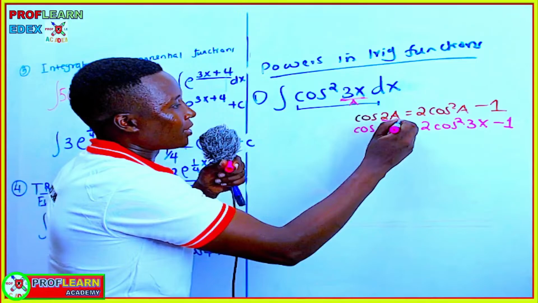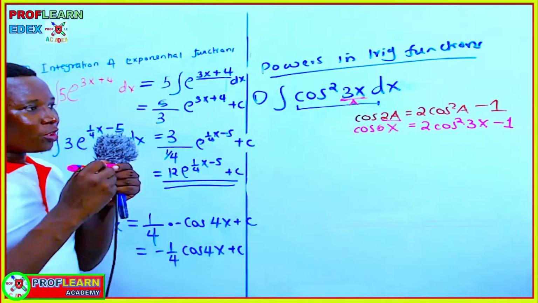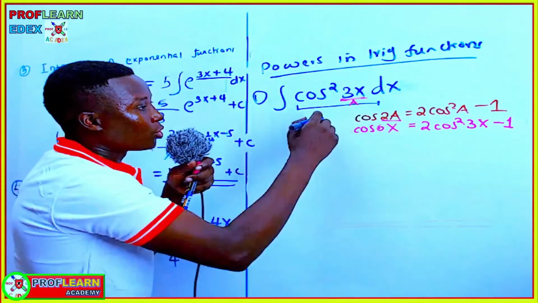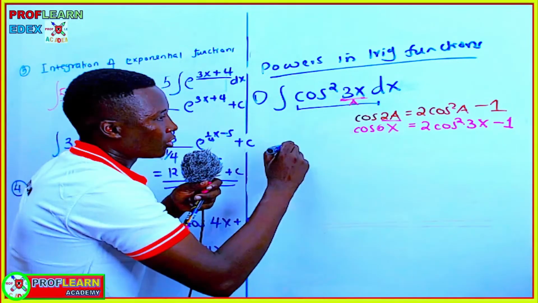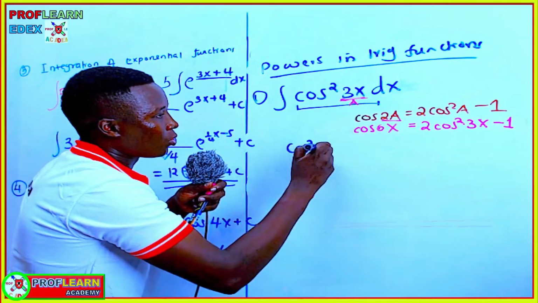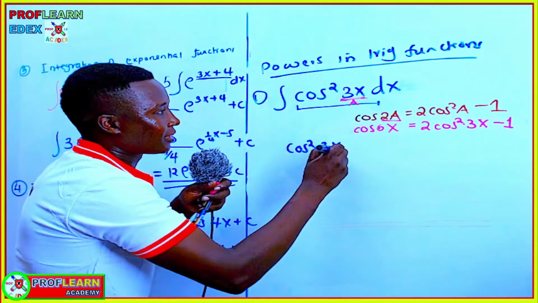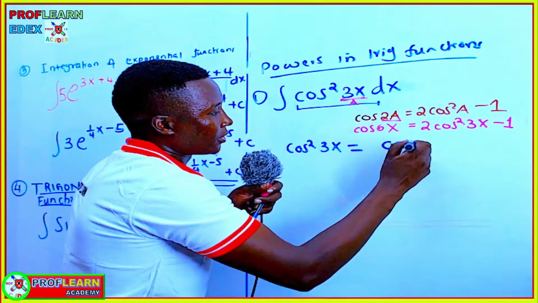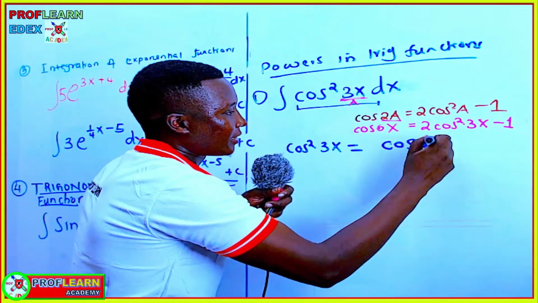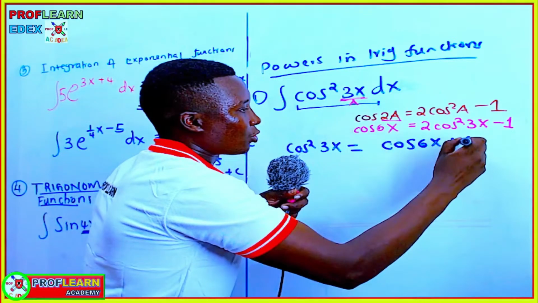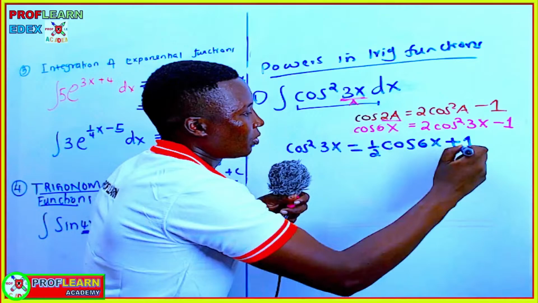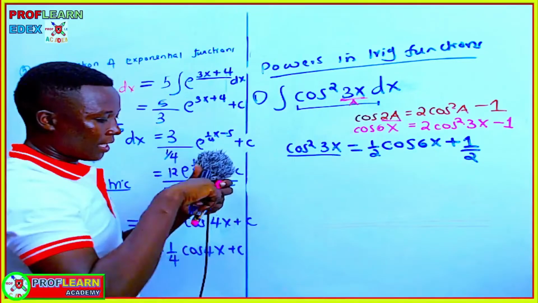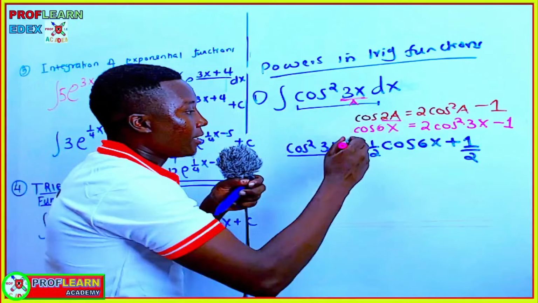Our a was that, so if we have this expression here, we can rearrange it and say cos squared 3x is the same as cos 6x plus 1, then over 2, like that. So this expression that we have here can be replaced with this.